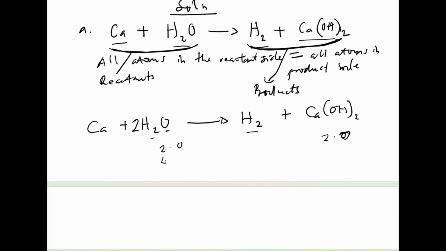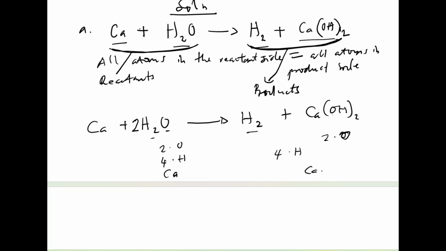Here we have four atoms of hydrogen on this side, and here 2 plus 2 is also 4 atoms of hydrogen. And here we have one atom of calcium, so on this side too, we have just one atom of calcium. Overall, the equation is now balanced.